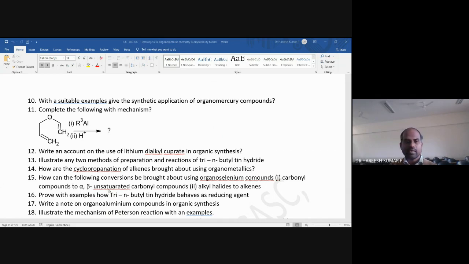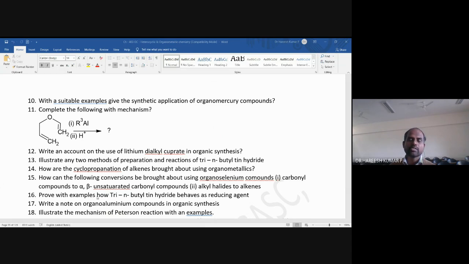Then, how can the following conversions be brought about using organoselenium compounds? Organoselenium compounds means carbon-selenium compounds. How is a carbonyl compound converted into an alpha,beta-unsaturated carbonyl compound? When a carbonyl compound is treated with base, the alpha carbon attains a negative charge.